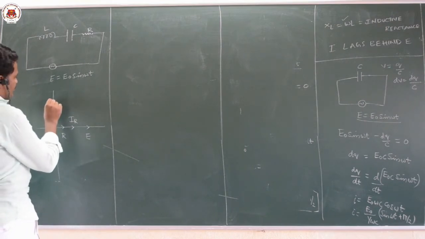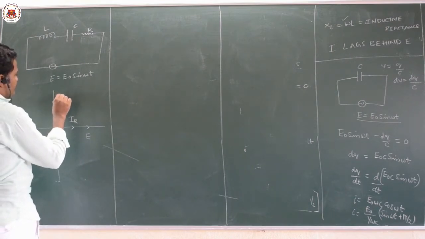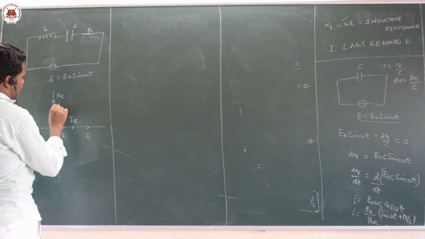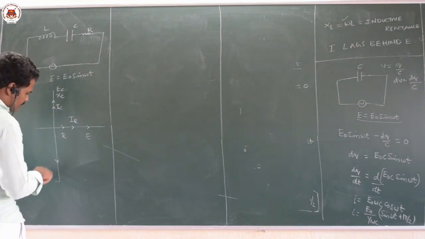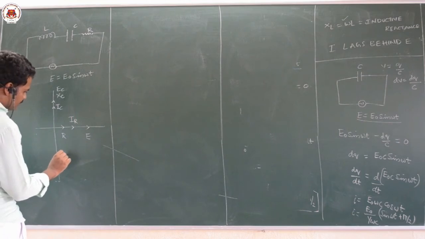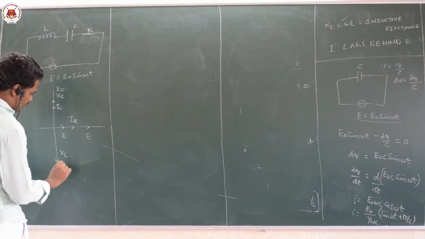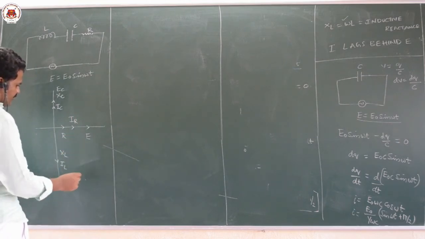Whereas here you will get Xc, IC and EC, and here you will get XL, IL, the current due to the inductor, in this direction.